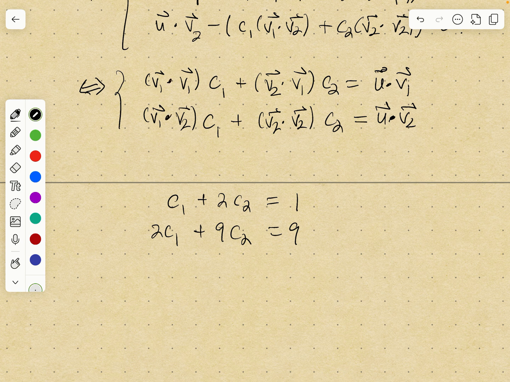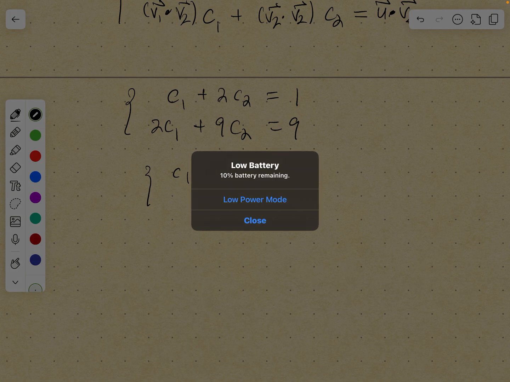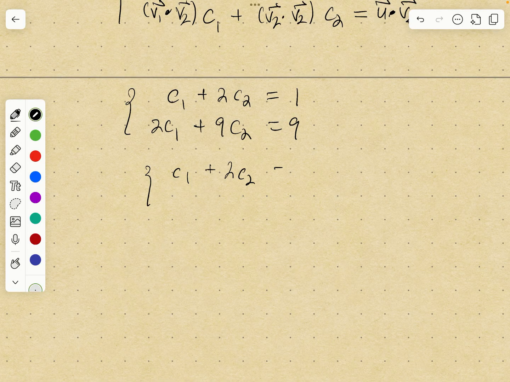And then we can solve this system. So we would write this as, well, this second equation is 2c1 plus 4c2 equals 2 after you multiply it by 2. And then when you take the second equation minus 2 times the first equation, you're going to get 5c2 equals 7.